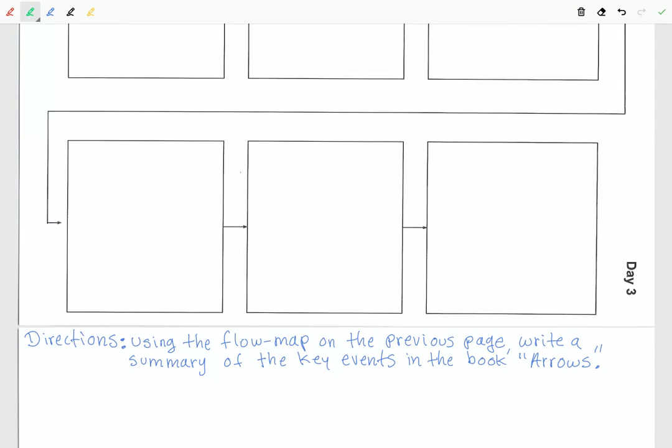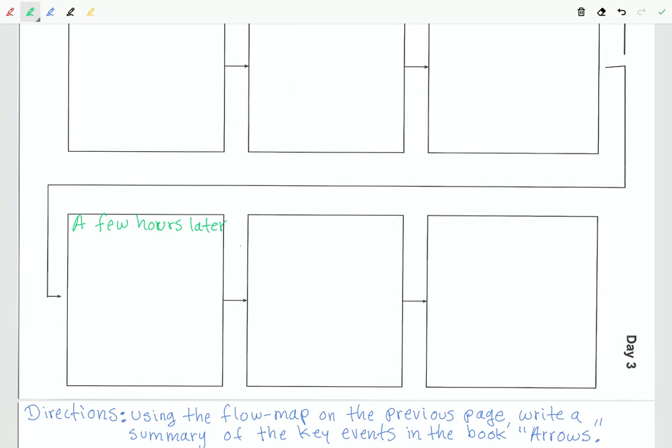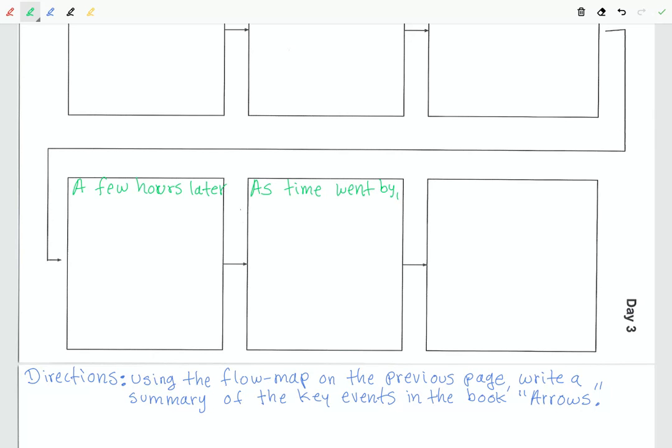You could say a few hours later. You could also say as time went by. I'm just trying to find phrases instead of using second, next, then, which are fine too, but I'm just trying to make it more fourth grade-ish.